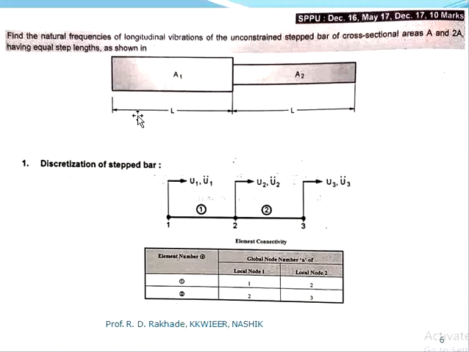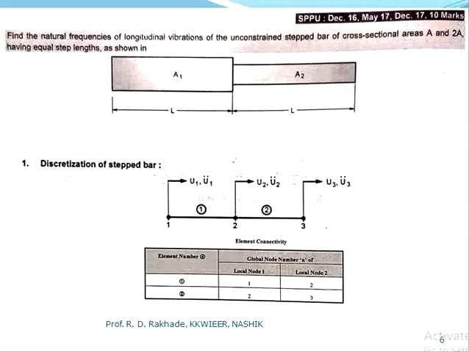So this is a two-step bar problem. How to solve this problem? By using the eigen method. In the finite element method, we already solved such types of problems.